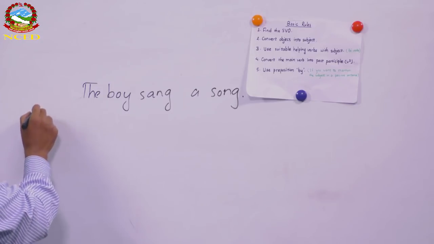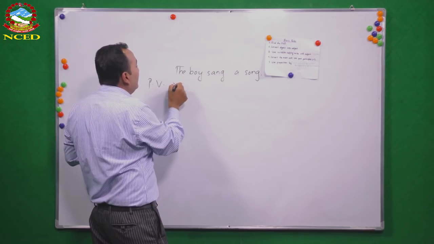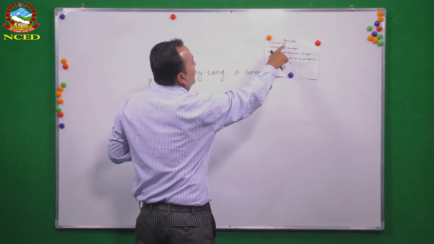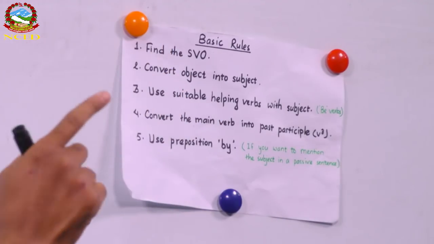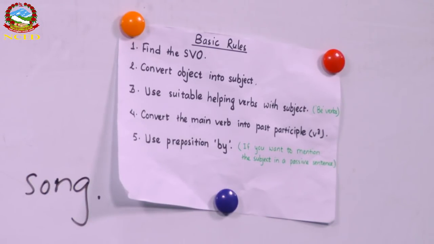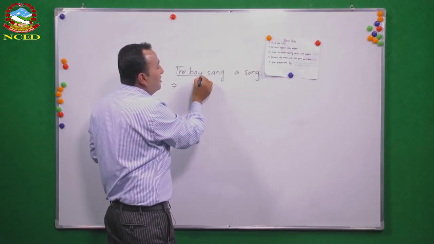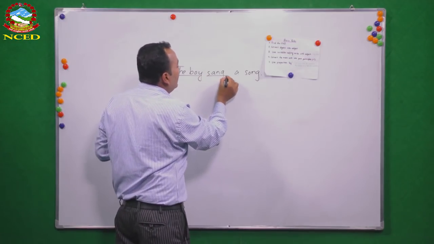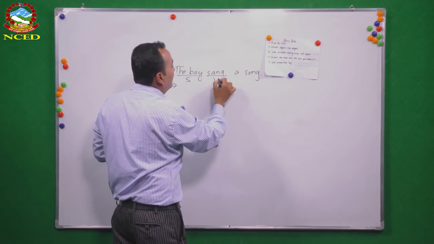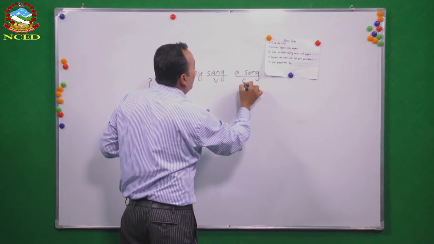Now, how we change it into passive voice is, first of all, we have to find out the SVO, means subject, verb, object. In English, the sentence construction is like this. The boy is the performer, it is the subject, and this is the verb. Let me write here. S for subject, V for verb, and a song for object.